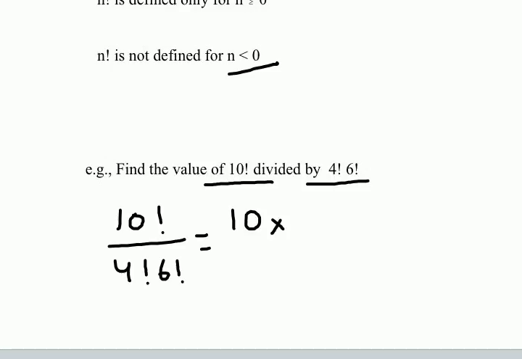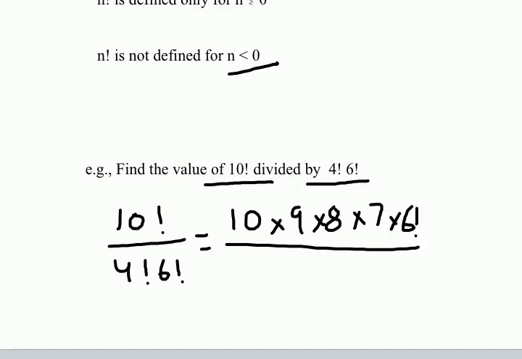10 multiplied by 9 multiplied by 8 multiplied by 7 multiplied by 6 factorial divided by 4 into 3 into 2 into 1 multiplied by 6 factorial.